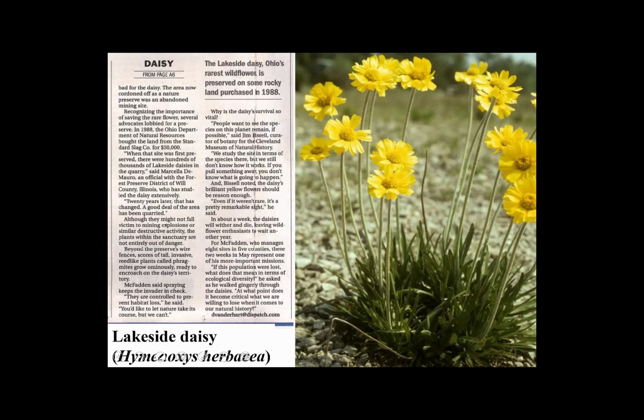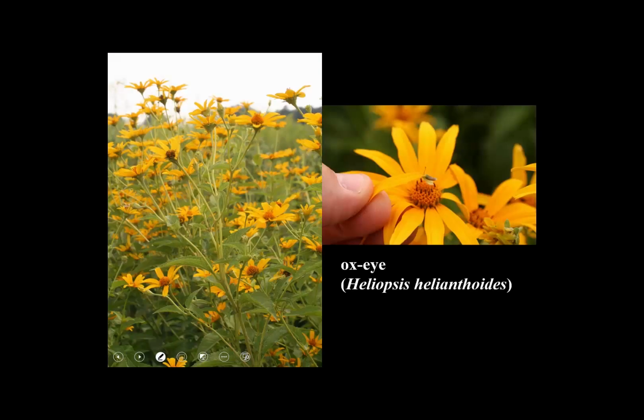The geology is alvars, dry limestone flats near the lake, and it's called lakeside daisy. It's not really a daisy, and it's a federally endangered species, and it's the only federally endangered species whose only occurrence in the United States is in Ohio. So it's a plant that a lot of Ohio plant lovers especially love. Lakeside daisy, Hymenoxys herbacea.